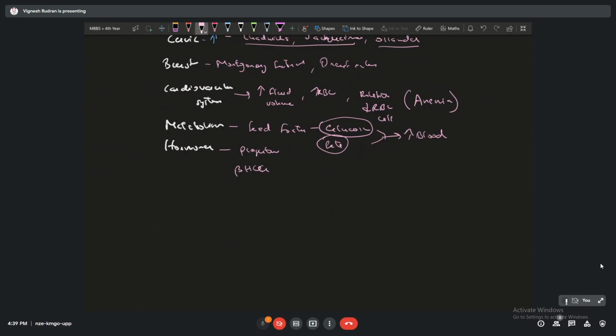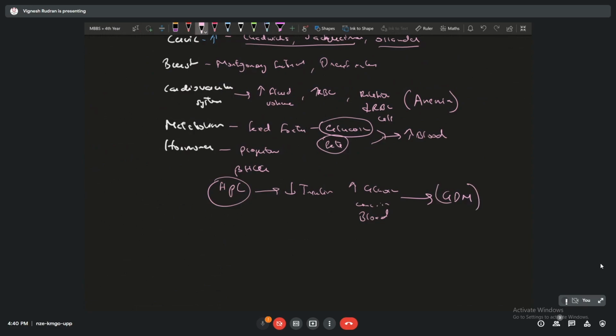All of these will help in maintenance of the pregnancy, and then you have human placental lactogen. What human placental lactogen does is it decreases the activity of insulin, so thereby there is increased glucose concentration in blood. And this is going to be a reason for gestational diabetes mellitus.